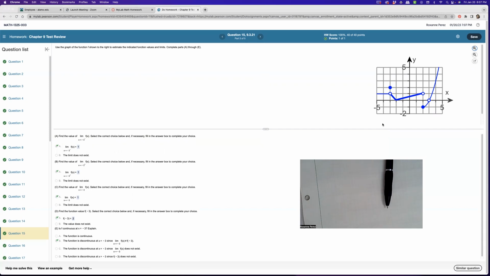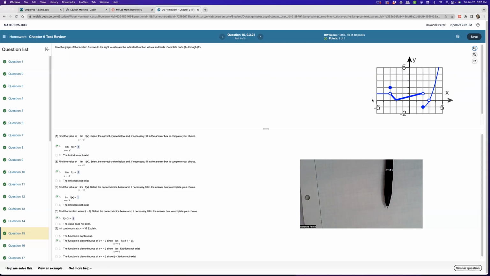So part A is asking us to evaluate this function for the limit of f of x as x approaches -3 from the negative side. So that's how you read this, as x approaches -3 from the negative side.